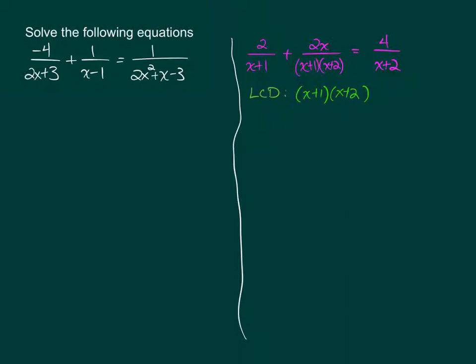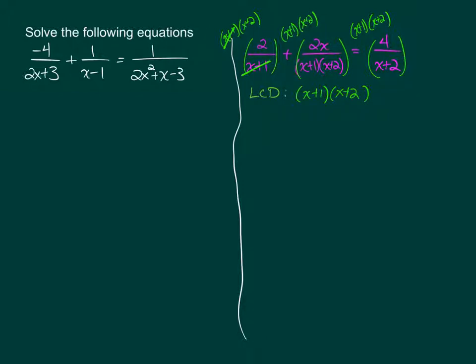Same thing we've been doing in the past few examples that require LCDs. We will multiply each term by the LCD. You can see that I've gone ahead and multiplied each term by the LCD. And now I just want to cancel the correct things out, like this x minus 1 here will reduce with this x minus 1 here.